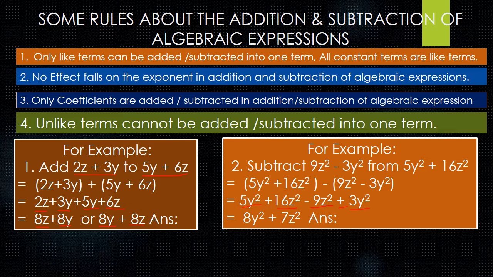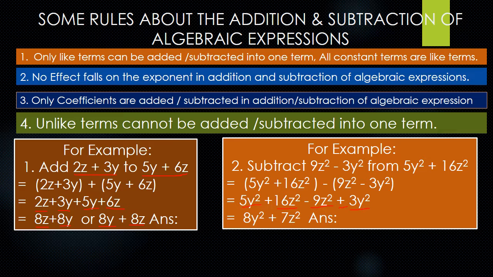Now again you look at the like terms. 5y square and 3y square are like terms and both are positive, so they will be added. 16z square and 9z square are not both positive. One is positive and one is negative. In the first case, I will add 5y square with 3y square, and by adding coefficients, I get 8y square.